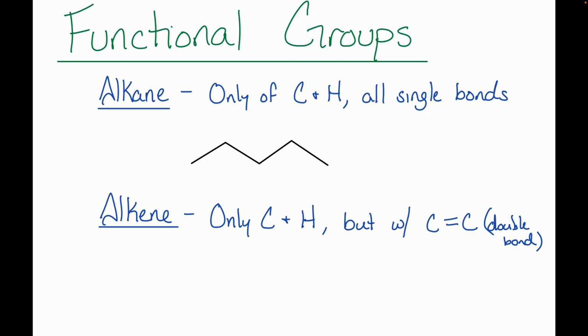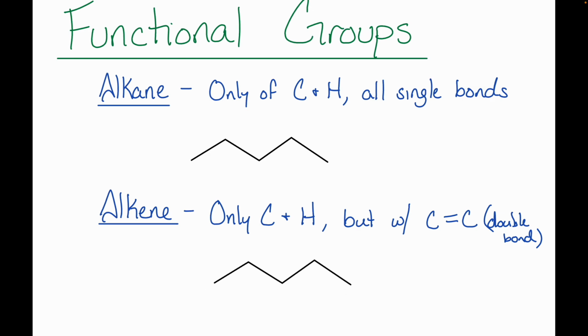Right, so if I took my alkane structure and I just drew in one additional carbon-carbon bond, that would be an alkene. All right, what we're going to learn is single bonds, kind of hard to break. This double bond, way easier to break. So these molecules are much more reactive.